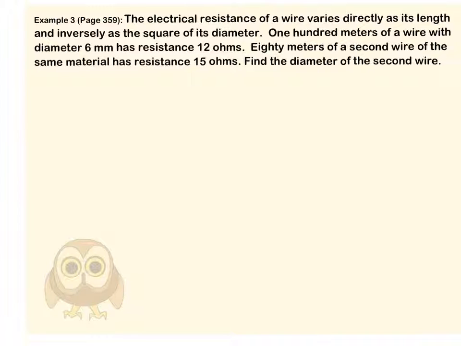Okay, let's just start making some variables here. Otherwise, there's just way too many words. So let's call the electrical resistance R. What other variables do we have here? We have length, let's call that L. Diameter, we can call D. So let's translate that first sentence.